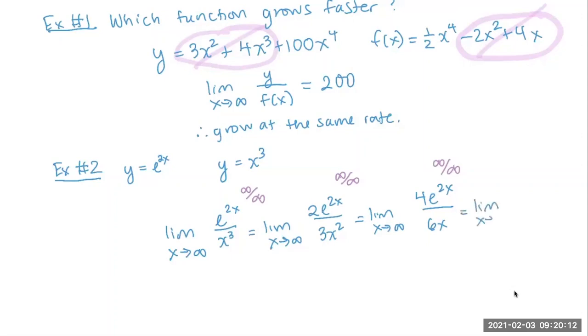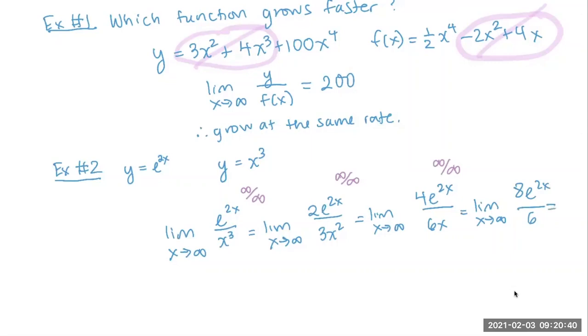So let's say you go on to the next one and you get 8e to the 2x over 6. Do your plug-in at this point. What happens? Notice the subtle difference between the answer you got at that stage versus the previous stage. At this stage, now it becomes apparent that you have infinity divided by a constant 6.